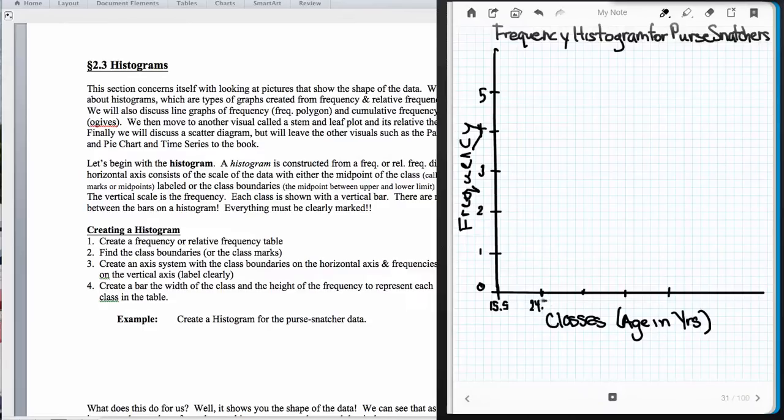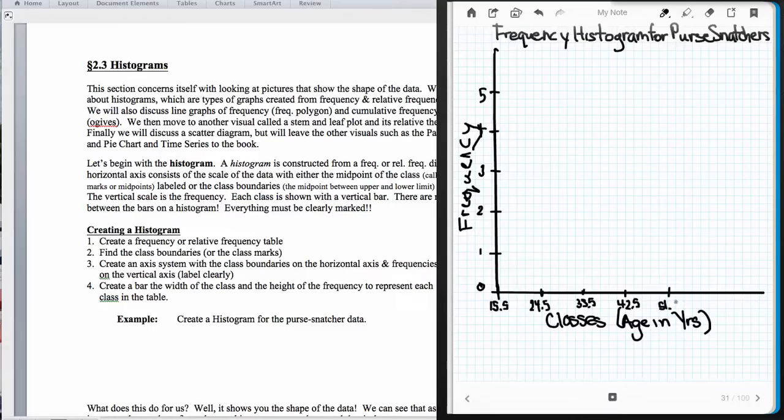And so remember that if I don't have those to look at, my class width was 9, so I can add 9 to this, and this will give me my next class boundary of 33.5, and then add 9 to that, and my next boundary of 42.5, and then my next boundary, of course, at 51.5. And those would be my boundaries.